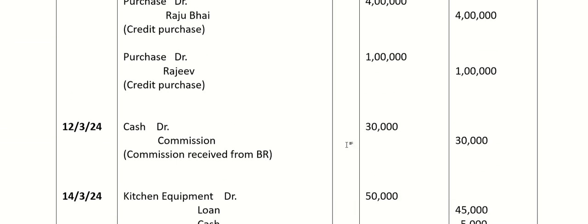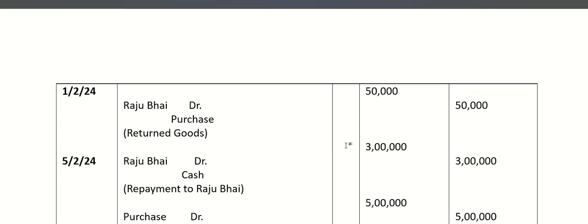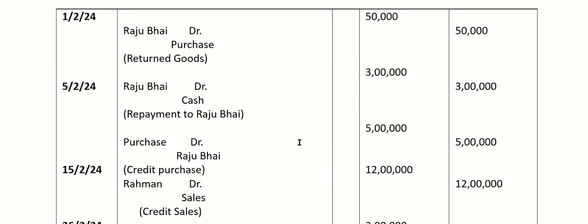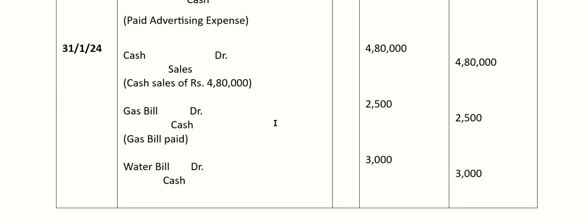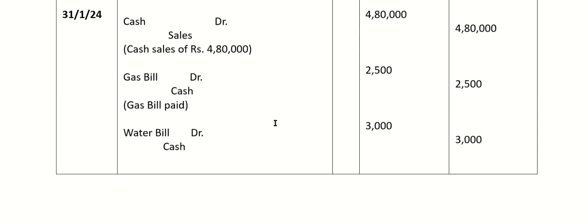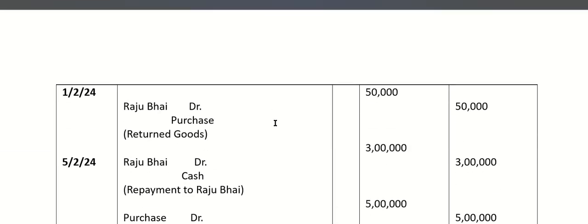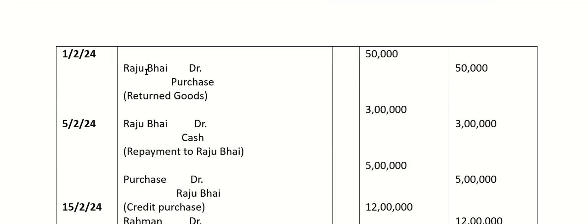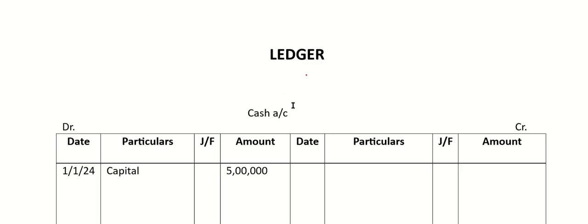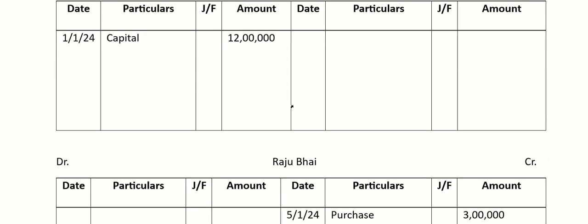Now, what else do we have to do? The first month's value was mentioned there. We are moving to the next month. Till here, now the value. On the first day of the next month, we returned goods, whatever the value may be. We are going to write it in the Raju account.